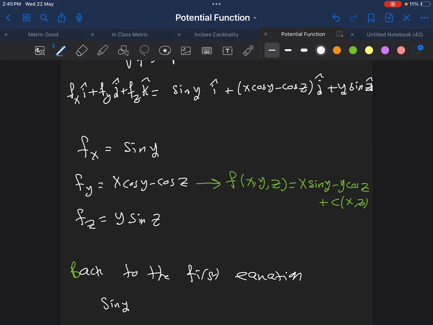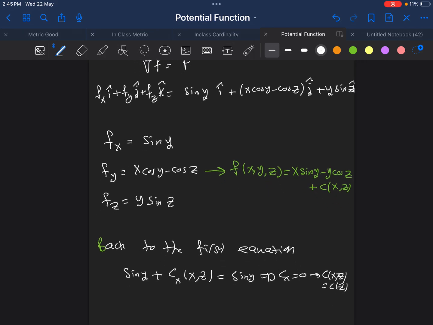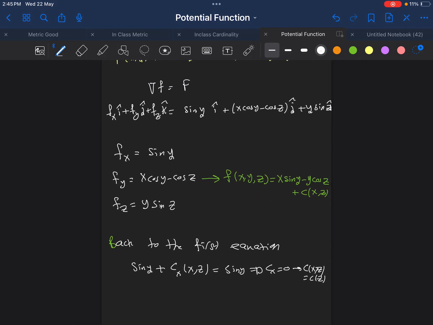We get sine y plus c_x of x comma z equal to sine y, which means c_x equals 0. That means c of x comma z is actually only a function of z. It has no x at all, and that's why the derivative is equal to 0.